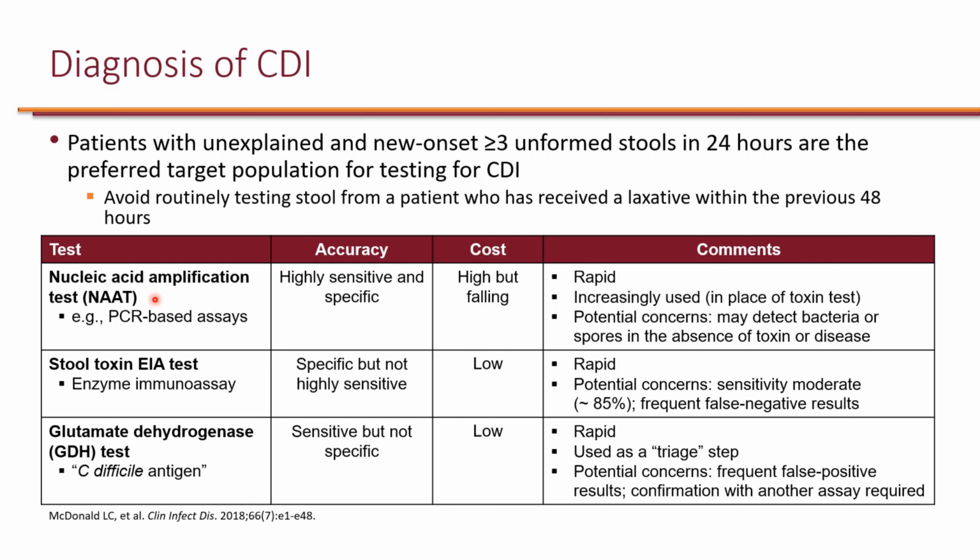So clinicians can improve laboratory test relevance by only testing patients likely to have C. diff disease. This includes not routinely performing tests on stool from a patient who has received a laxative within the previous 48 hours. Now, laboratories can also improve specificity by rejecting specimens that are not liquid or soft.